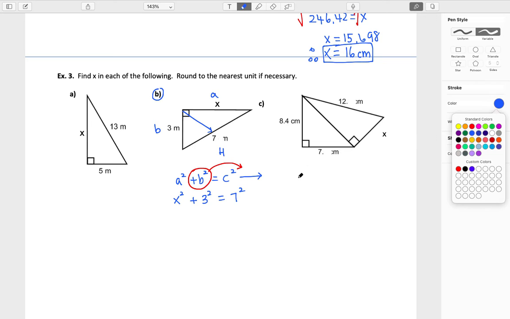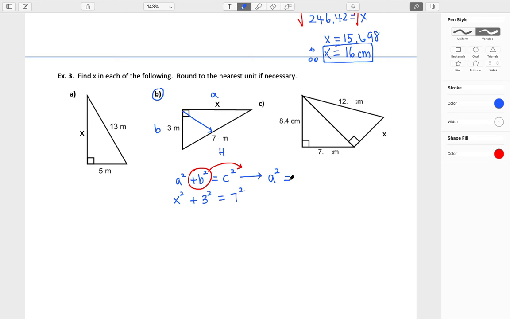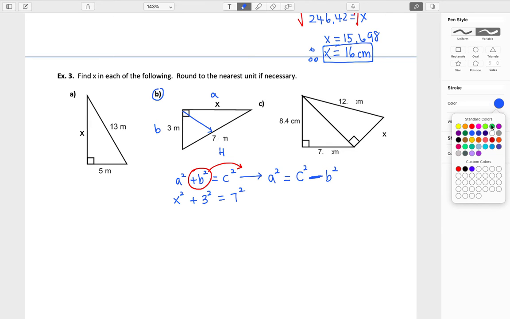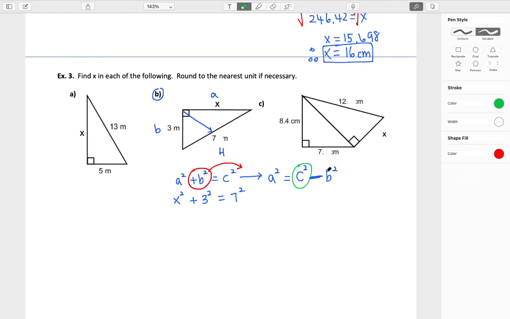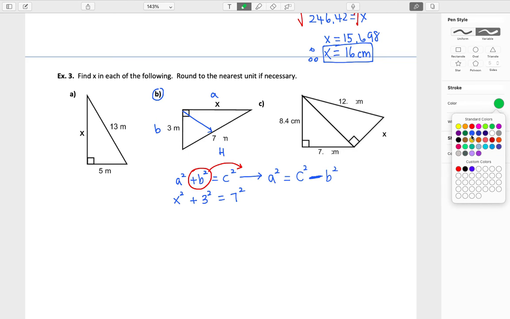So A squared is equal to always the bigger one, the biggest area, which is C squared, minus B squared. Please keep in mind, the bigger number minus the smaller number. Then you can plug it in after you rearrange.